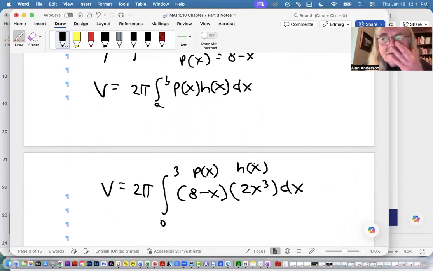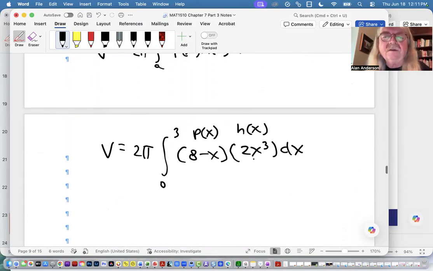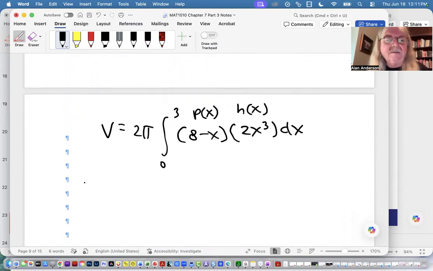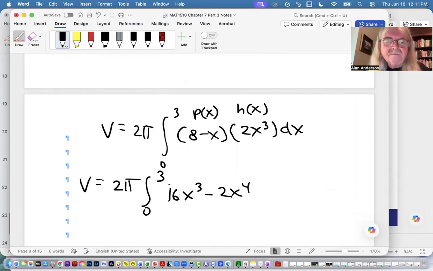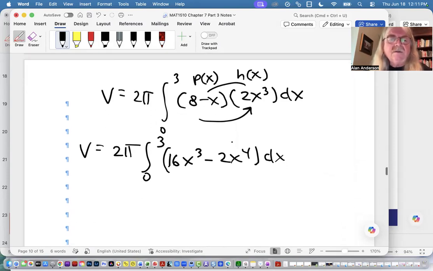All right. And like I said, this is a very straightforward integral. The biggest headache is getting it set up. If you can do that part, the rest of this will just fall right into place. Let's multiply this out. We have 16x cubed minus 2x to the fourth dx. Yes, that's right. Then we'll break it up.